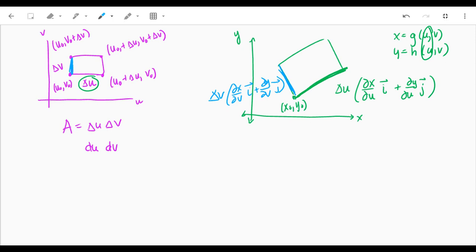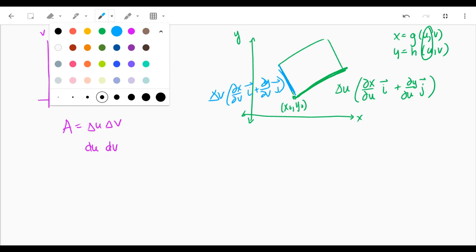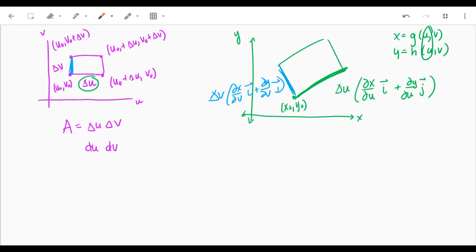The only thing we need to add is to find that area. When you have two vectors, you do the cross product, and you get the area of the parallelogram they create. So our area would be delta u times (dx du in the i, dy du in the j) crossed with delta v times (dx dv, dy dv). We'll do that cross product quickly.